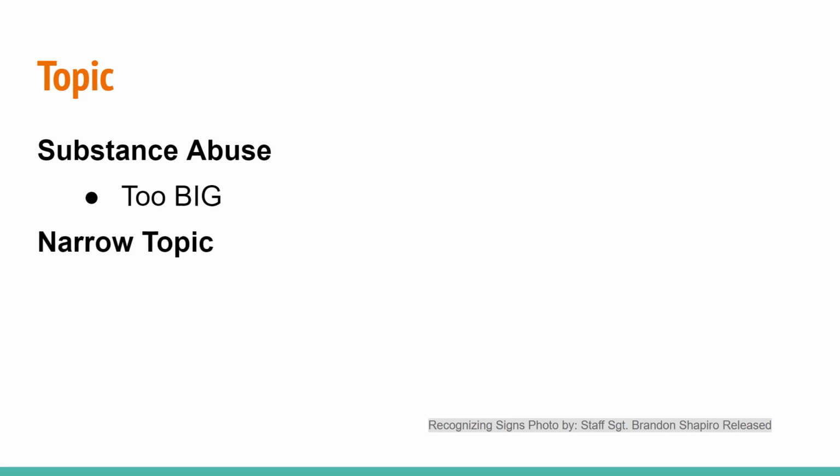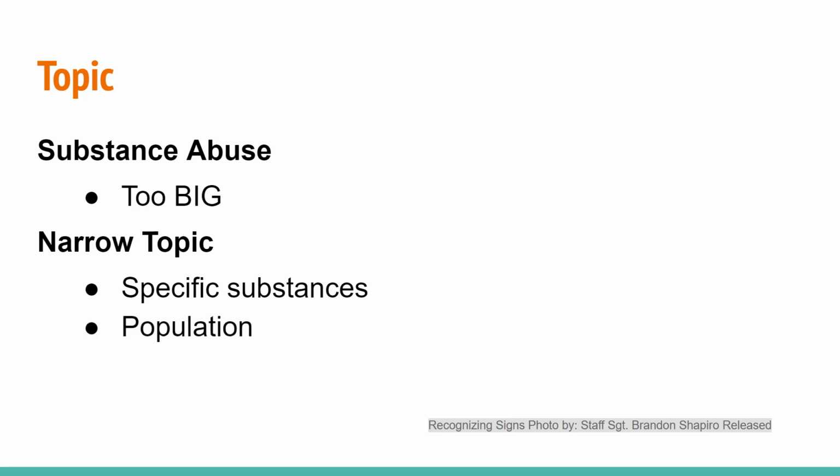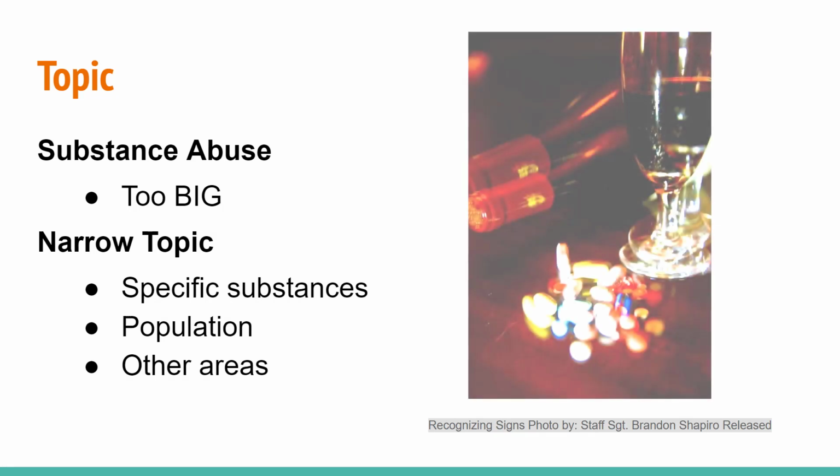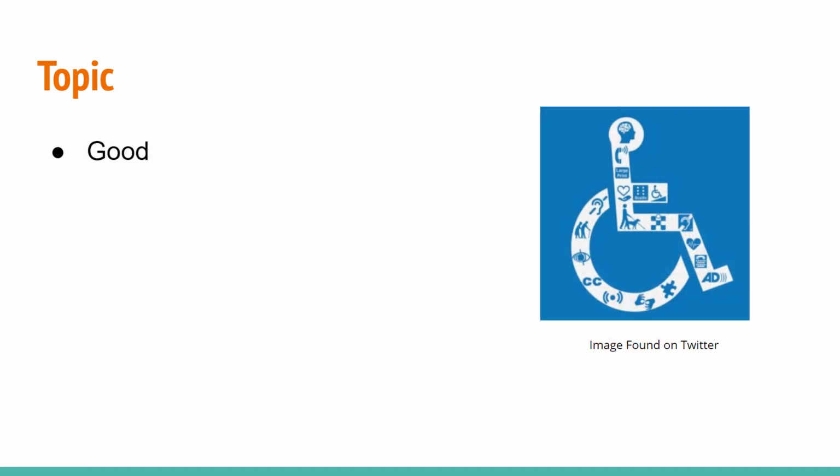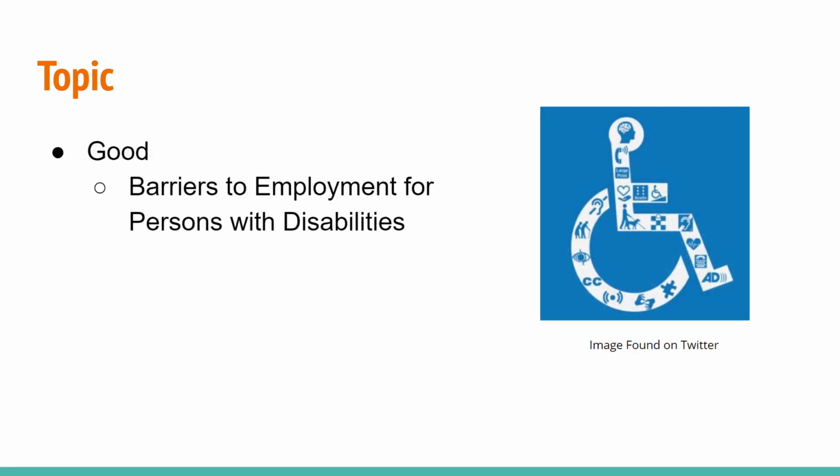You could narrow your topic by considering specific substances like alcohol, cocaine, prescription drugs. You could narrow your topic by population, preteen, college students, older adults, or by some other area like treatment, recovery, or relapse.